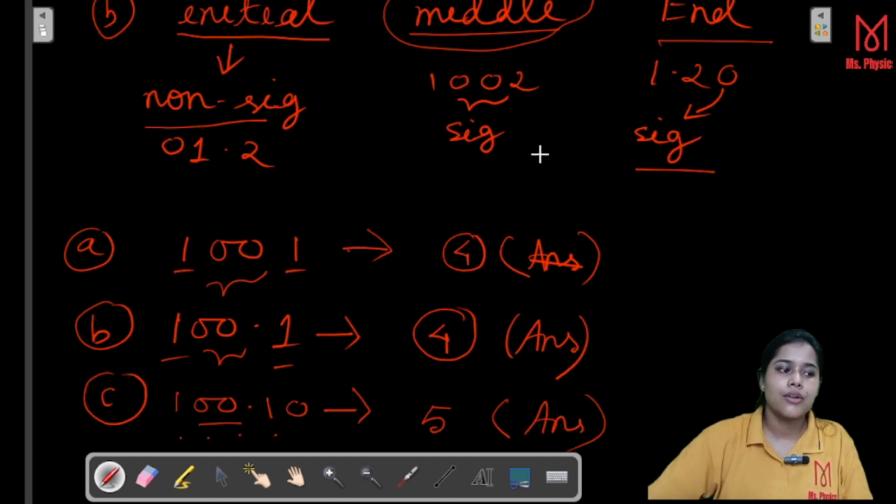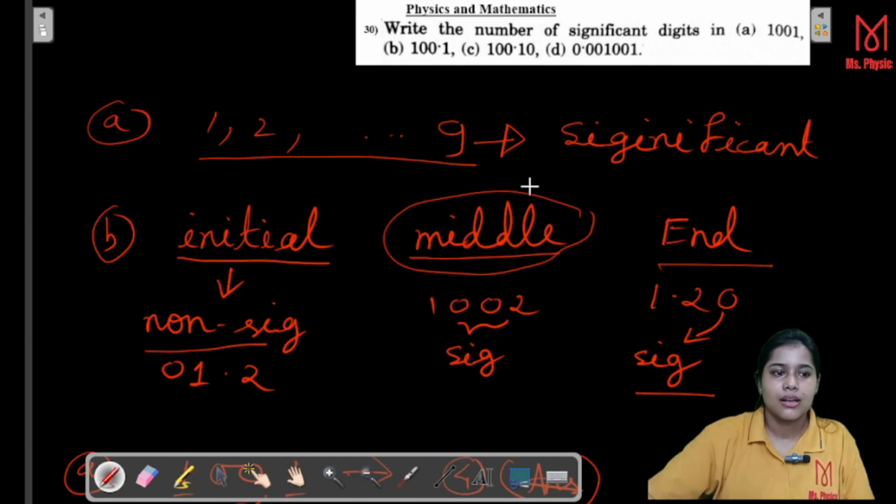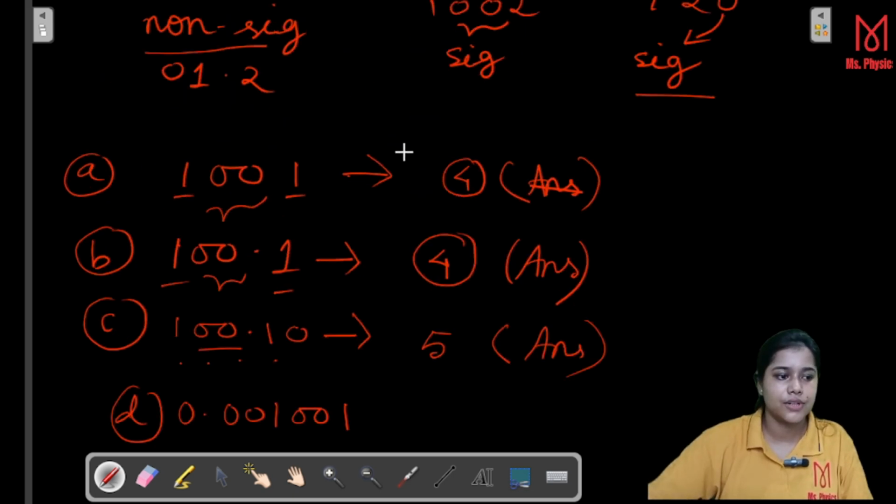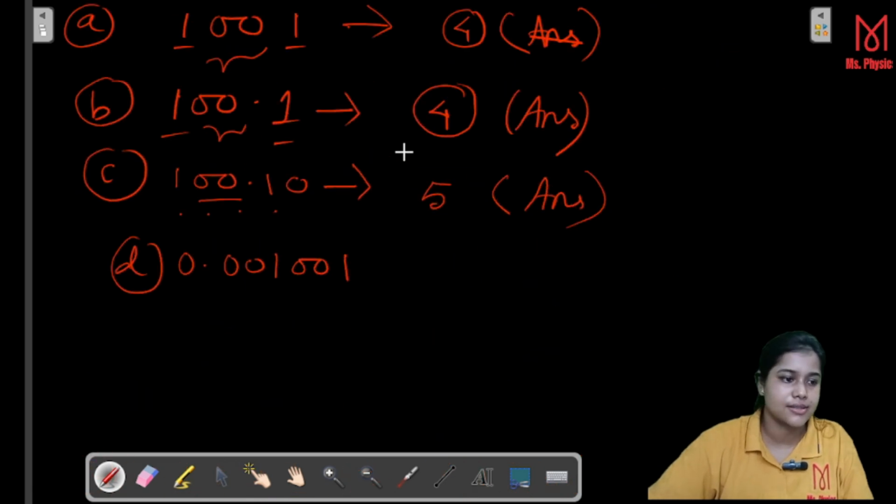Clear? Now let's go to the last numerical, that is 8. 0.001001. First let me write it. I think I have written the right one, yes.